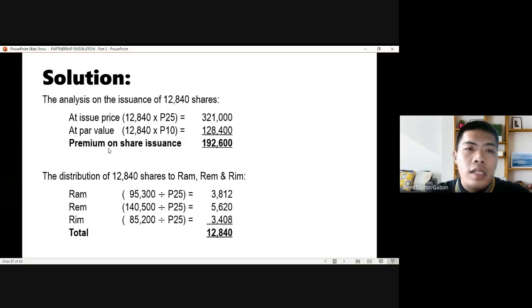So the difference is a premium on share issuance. So the distribution of 12,840 shares to RAM, REM, and RIM: 95,300 divided by 25, that would be 3,812 for RAM. For REM, that would be 5,620. Then for RIM, we have 3,408, a total of 12,840.